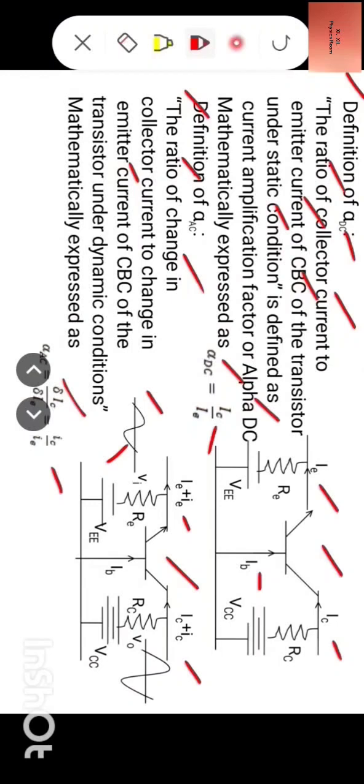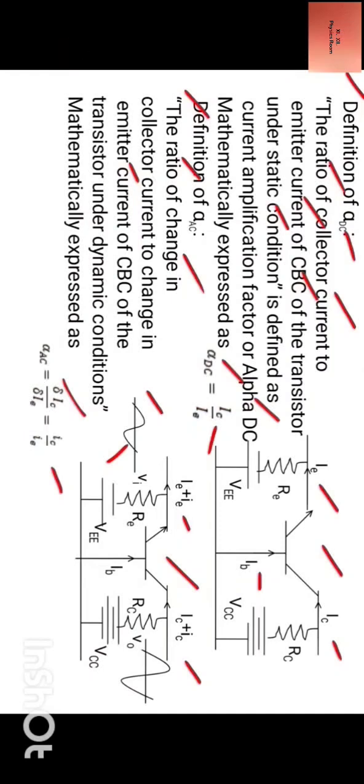Therefore, alpha AC is equal to small IC by small IE. This is how we express alpha AC. Now alpha DC is only when we bias the transistor, and alpha AC is when we apply signal at the input, that is, it comes under dynamic conditions.